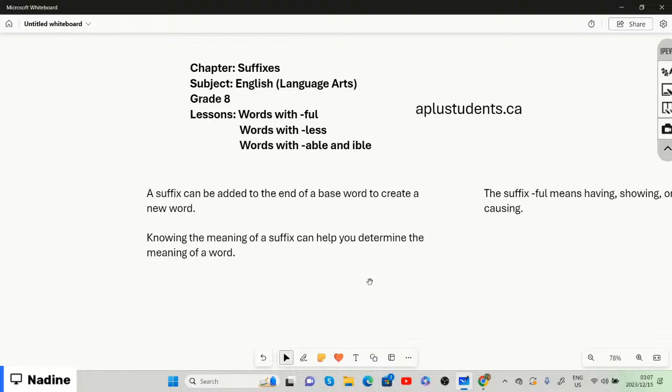A suffix is basically either a group of words or letters that you add at the end of the base word to create a new word. Knowing the meaning of the suffix will help us to determine the meaning of the word.